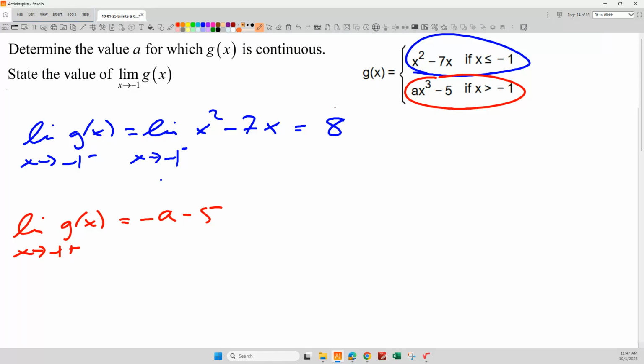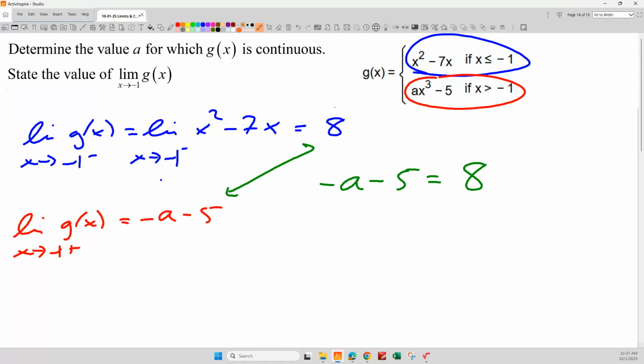Now what has to be true for that limit to exist? They have to equal each other, right? So these two have to be equal, so let's make that happen. -a minus 5 equals 8.